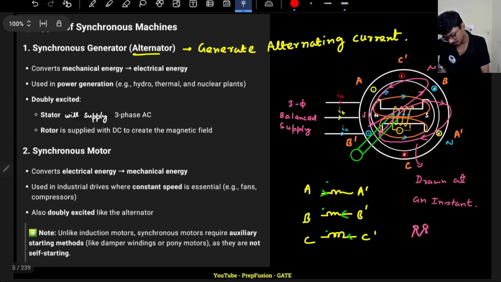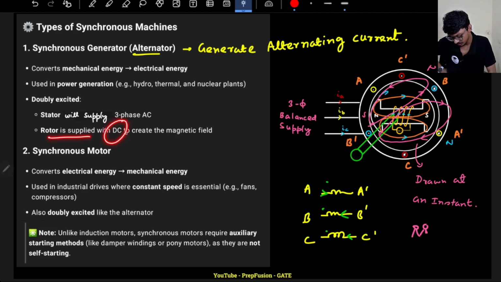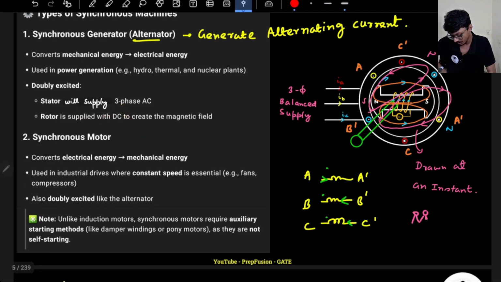Remember, we are moving the rotor, but we also have to supply this DC in the rotor. This needs to be supplied because the permanent magnetic field needs to be generated. No matter what, we have to supply that. So the rotor is supplied with DC to create a magnetic field. That will always happen, no matter whether in generator or motor.